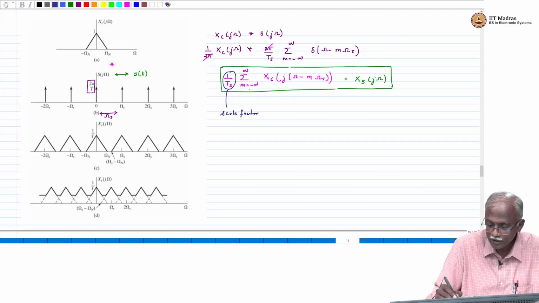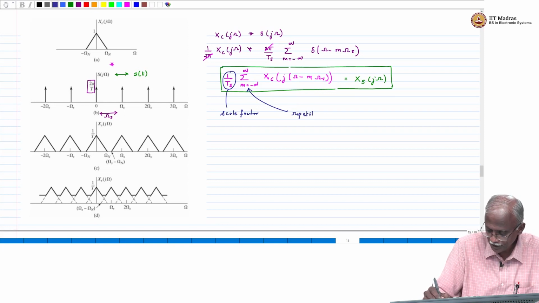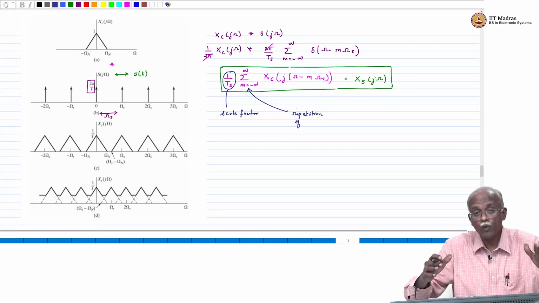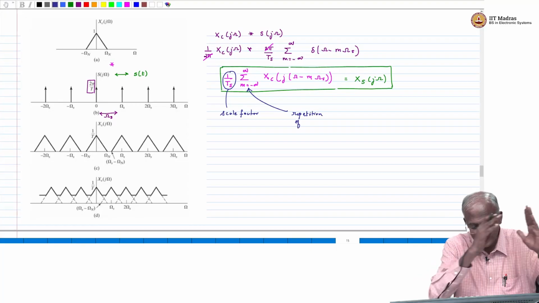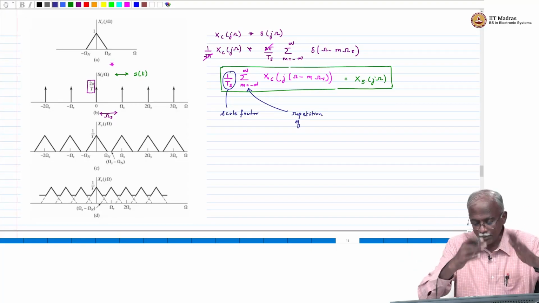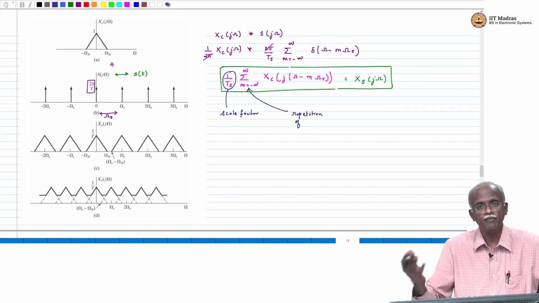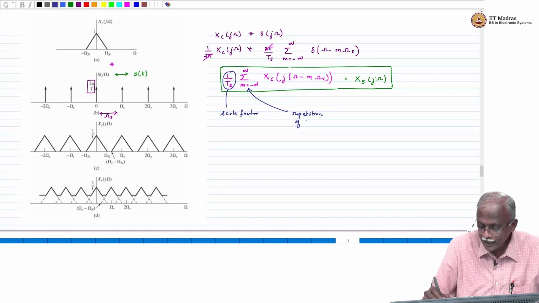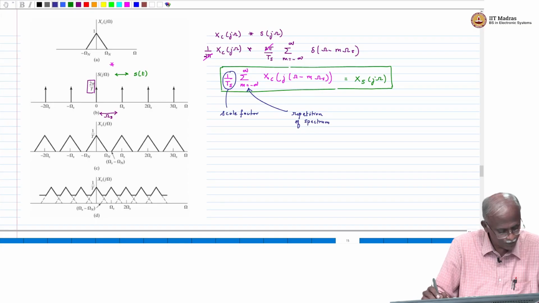So this basically tells you that there is a repetition of the spectrum. Not only is there a scale factor, there is a repetition of the spectrum. What was originally only one portion of the signal, now that signal seems to be replicating, and how many times? Infinite number of times. So replication of the spectrum, that is the second aspect that I want you to keep in mind.